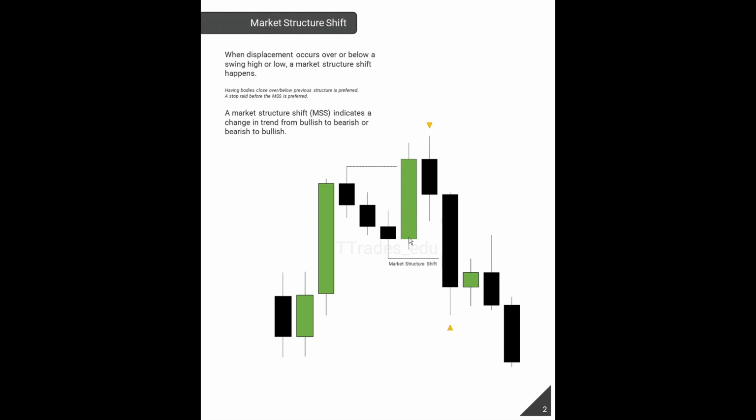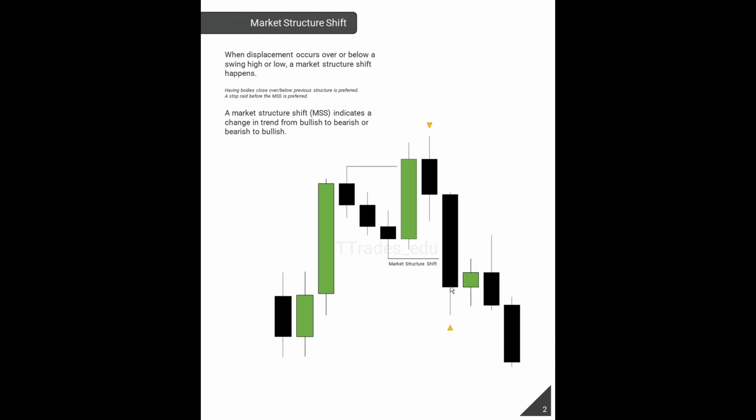So you have this swing low that's formed, you draw it out, price comes down, displaces through it, closes below it, displaces, and that is a market structure shift. Price makes a low, runs down, displaces through it, closes below it, and that's all it is.